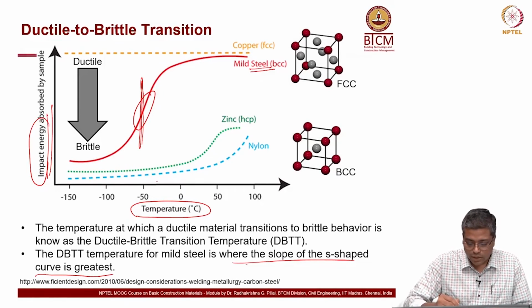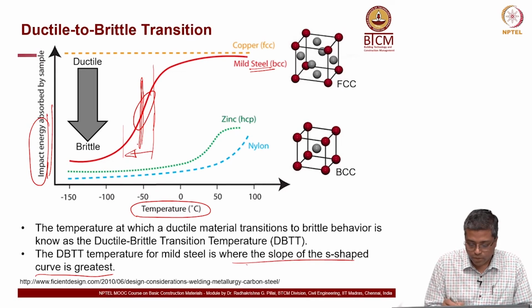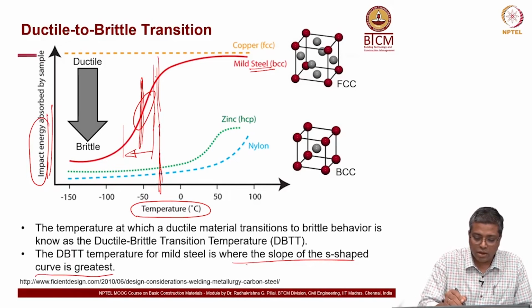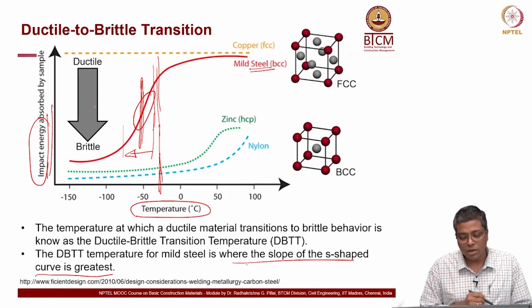That means when the temperature is about, let us say, from here onwards, about minus 25 degrees, the slope is very, very high.